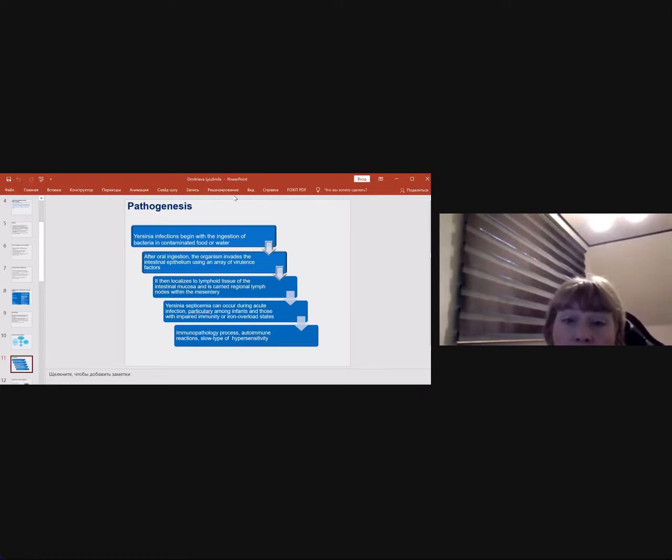What else? Some patients may have the next step of pathogenesis, and it is connected with inflammation in the lymph elements of the abdominal cavity: appendix, Peyer's patches, intestinal lymph elements, and inflammation in mesenteric lymph nodes.